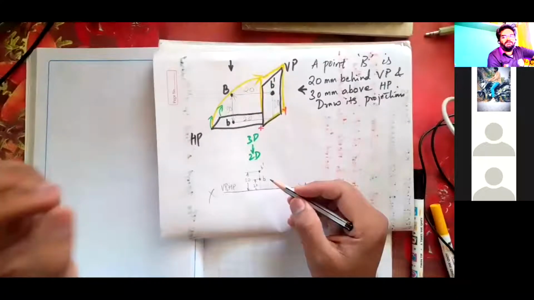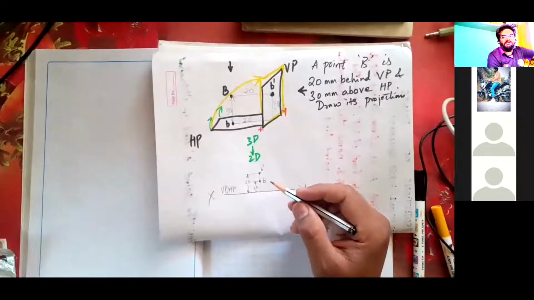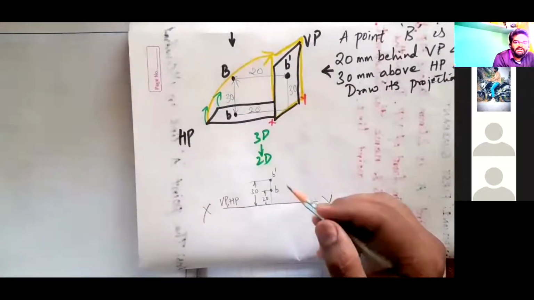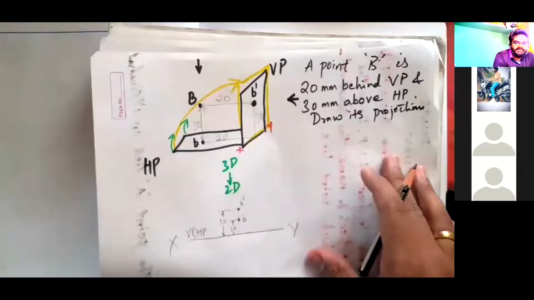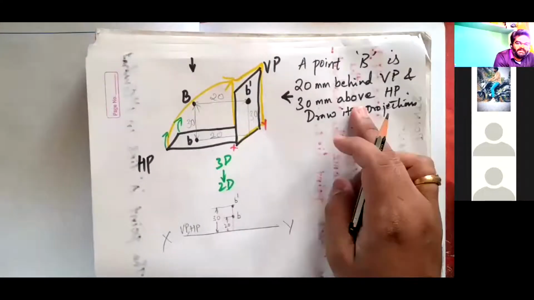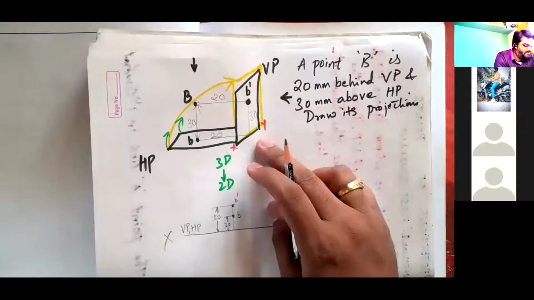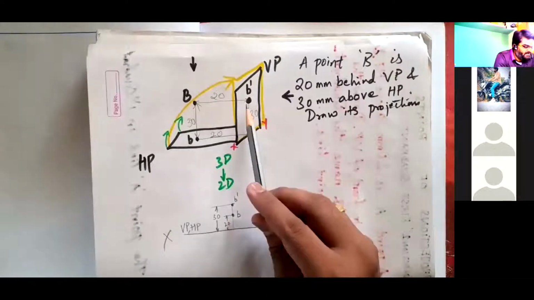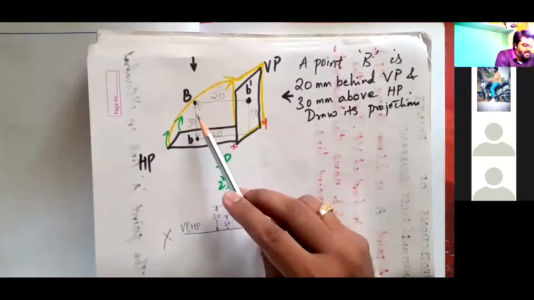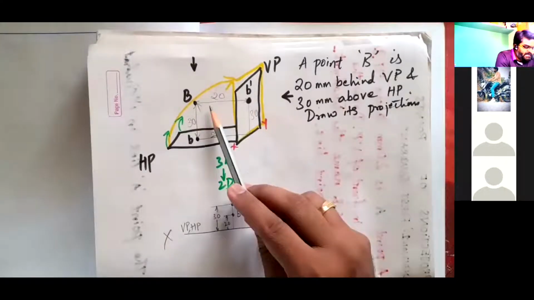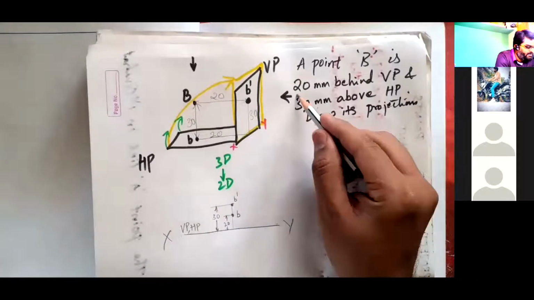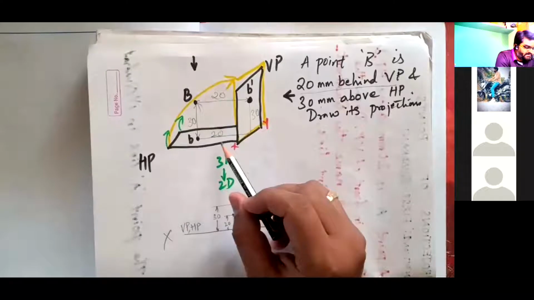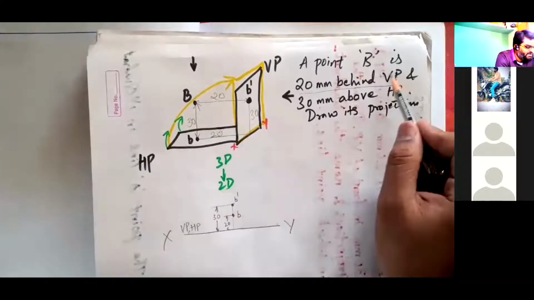This is what the second quadrant answer means. What I'm informing you is a three-dimensional statement is converted into a 3D view imaginarily, and I have to look here where these projections are coming, at what distance. 20 mm behind VP, that 20 mm distance, which is the term associated with vertical plane, but it is seen on horizontal plane only.